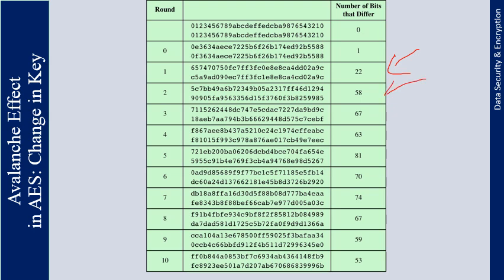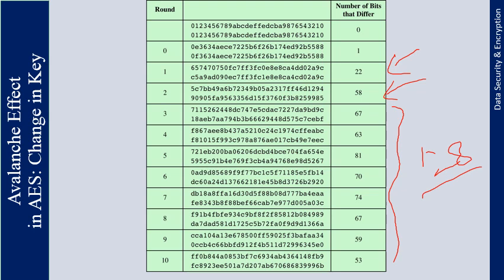As you can see, after the second round we have more than 58 bits of difference, which is almost half of 128, around 64 bits on average. Thus, based on this example, the Advanced Encryption Standard exhibits a very strong avalanche effect.